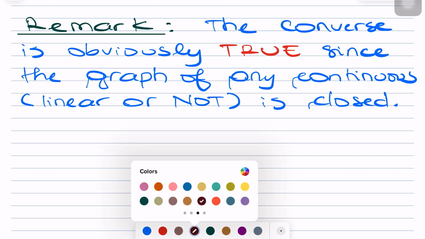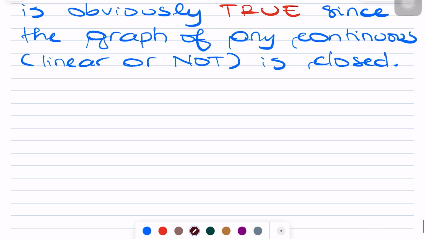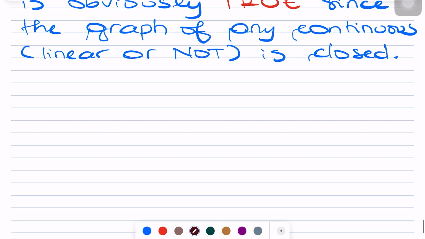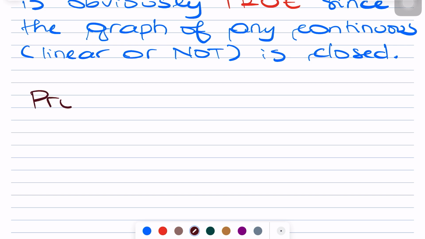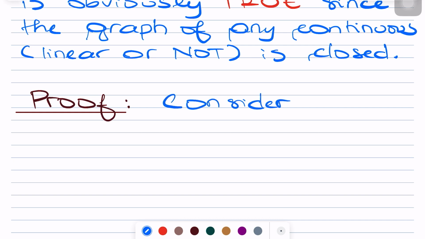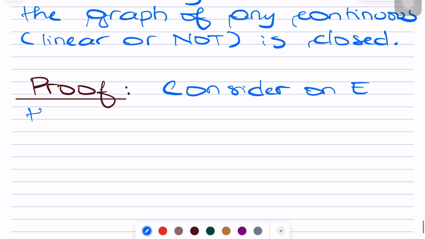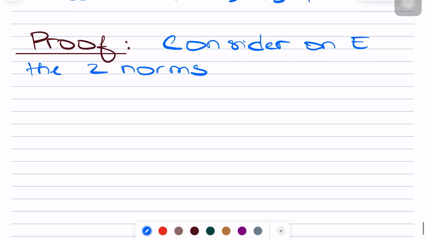Okay, so the proof. Well, the proof is not complicated. So consider on E the two following norms.